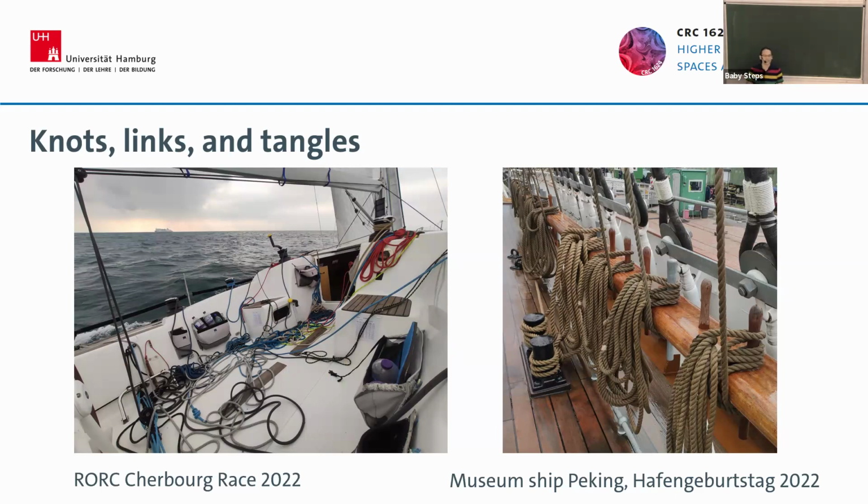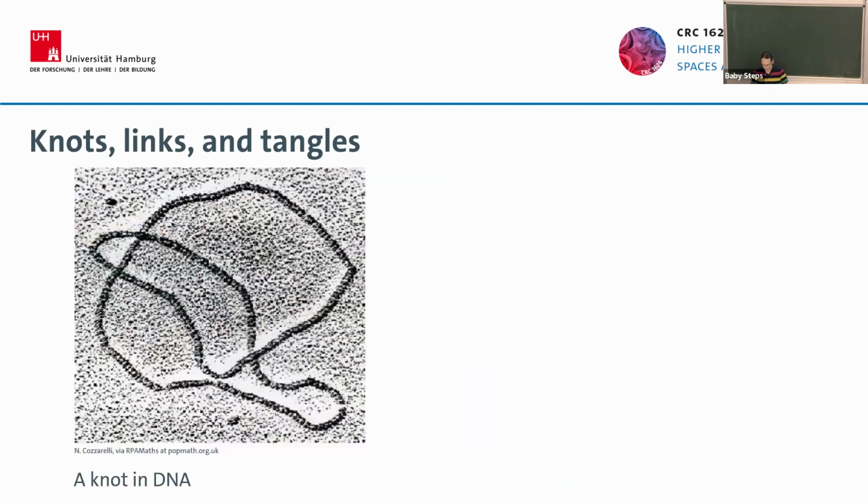This tendency of pieces of rope to knot up is something that happens on all length scales. For example, in the 1980s, biologists found out that bacterial DNA, which is special because it forms closed loops, can get knotted up.